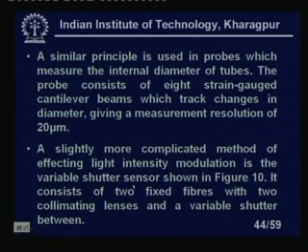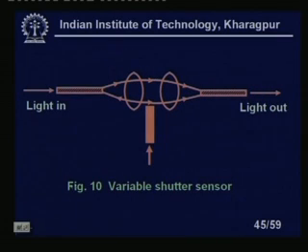A slightly more complicated method of affecting light intensity modulation is the variable shutter sensor shown in the figure, and it consists of two fixed fibers with two collimating lenses and a variable shutter between. It looks like this, you see. This movement I can get from many places. I can get it from the pressure sensors, I can get it from the Bourdon tube.